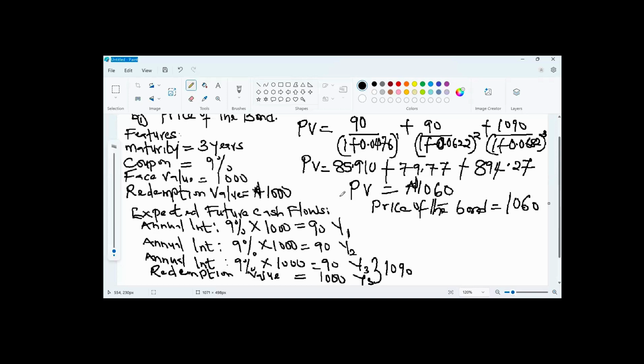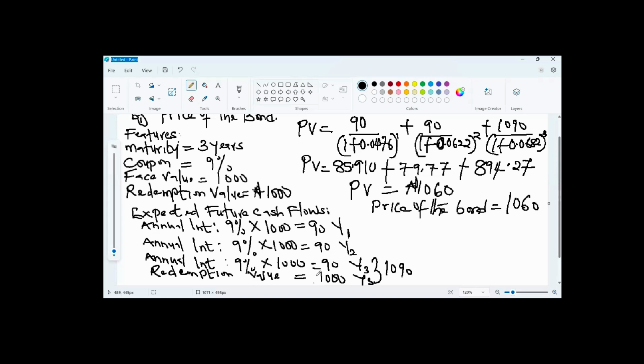Now the question is, will you expect this price to fall after 1 year if interest rates remain unchanged? Or do you expect the price of the bond to rise after 1 year? If the interest rate remains unchanged, what's our response?